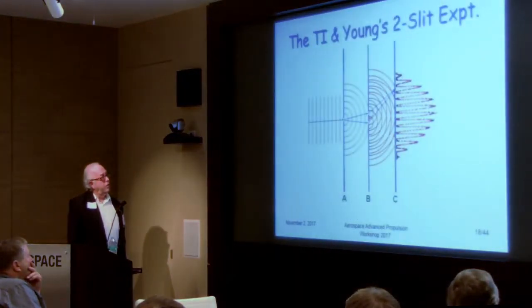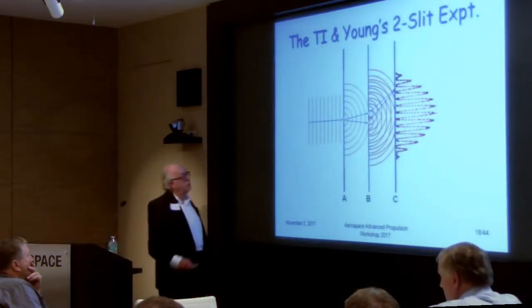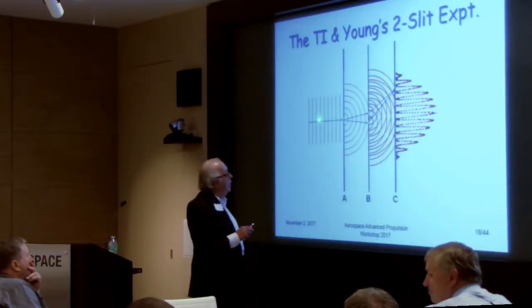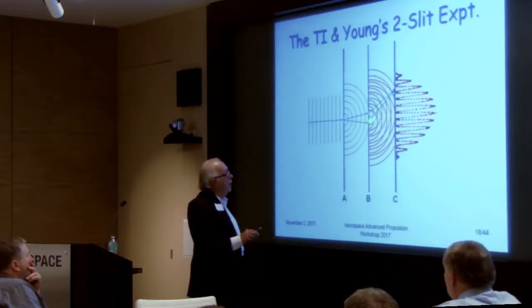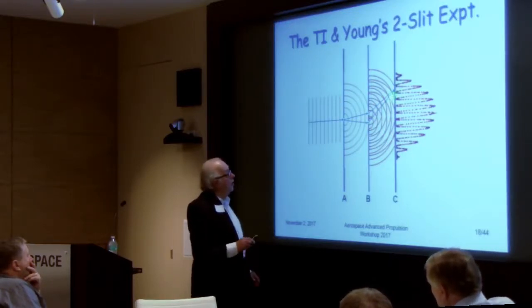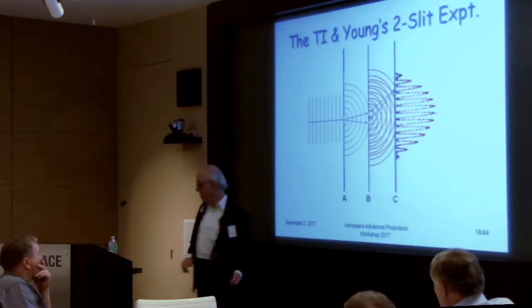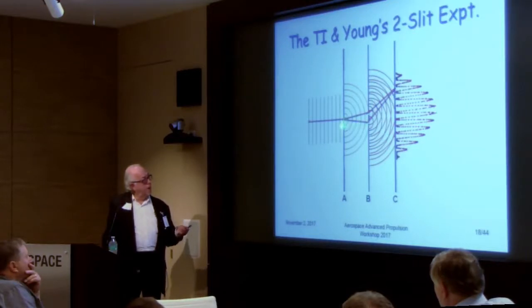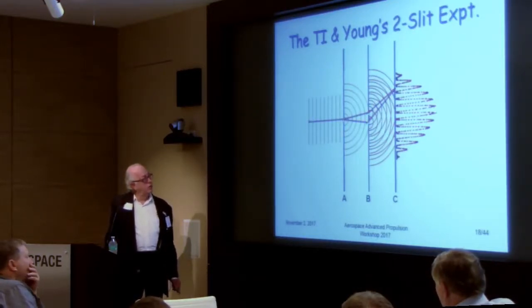Okay, so how do you understand that? Well, in the transactional interpretation, if there's no polarizer here, the offer waves can go through both slits, arrive over here and interfere and stimulate the production of a transaction, which goes with the advanced waves going back through both slits, handshaking back to the source, and you get a two-slit process.